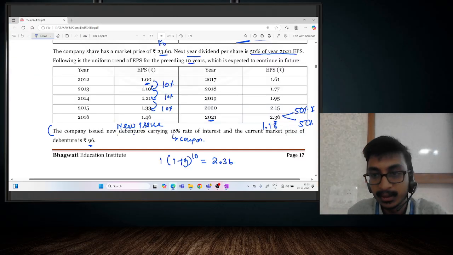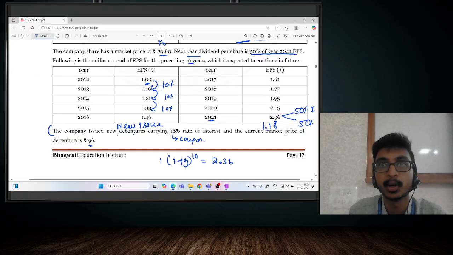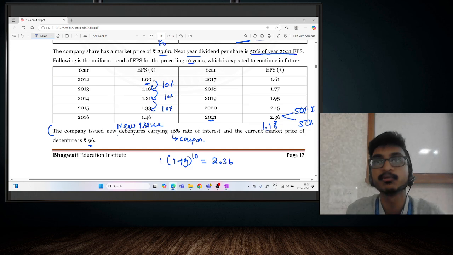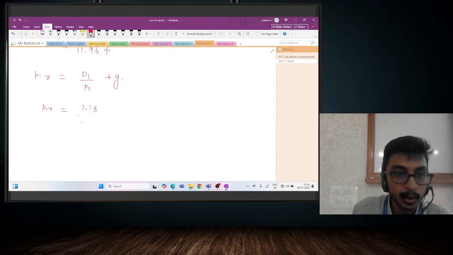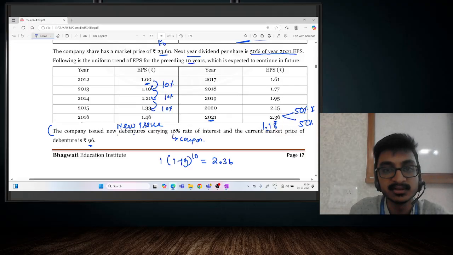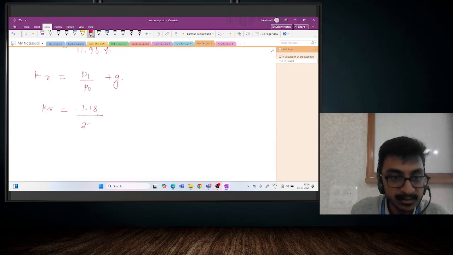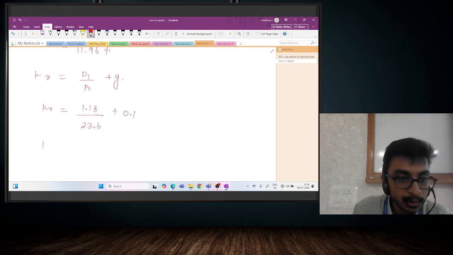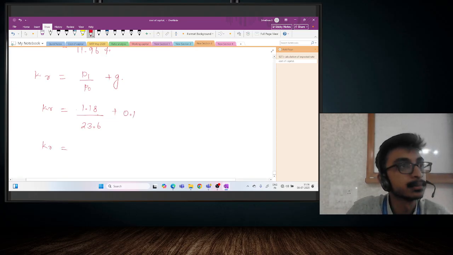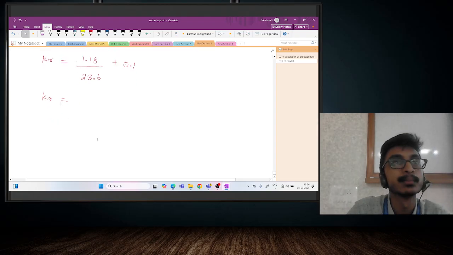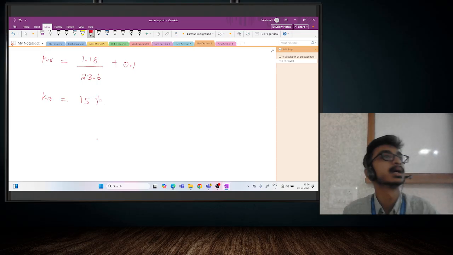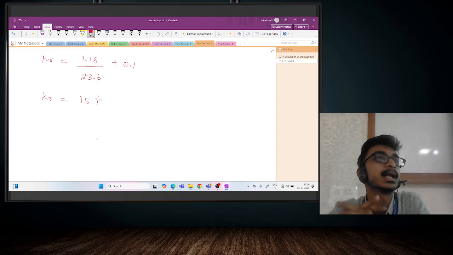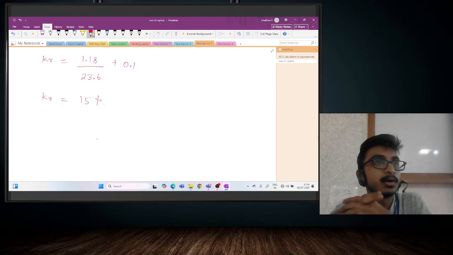No, we calculated, no. D1 is 1.18, which is nothing but 50% of 2021 EPS. 1.18 divided by market price of the share 23.6 plus growth rate 0.1. So what is the cost of retained earnings? We get 0.15, which is nothing but 15%. Clear so far? Any doubt in this calculation? Cost of equity clear?